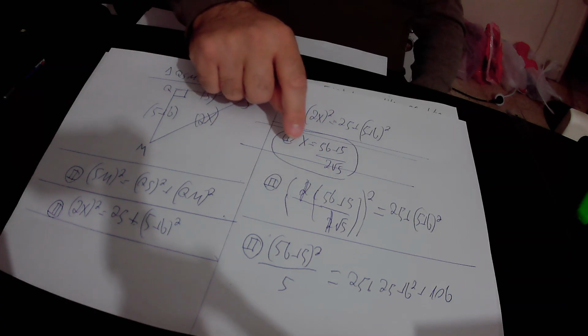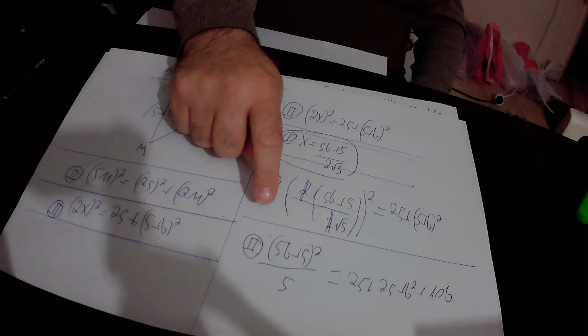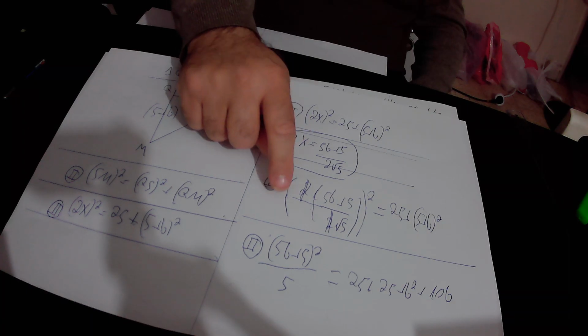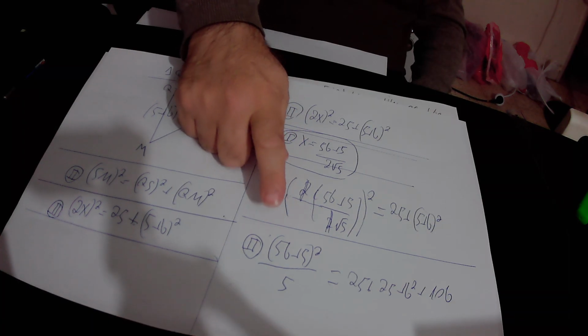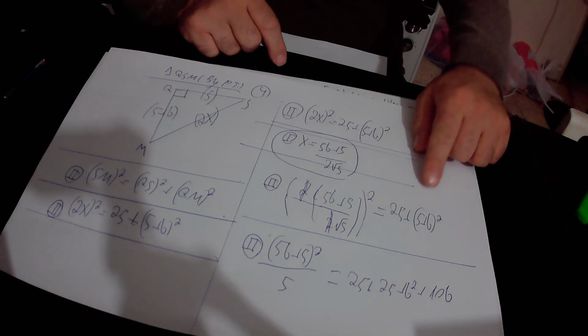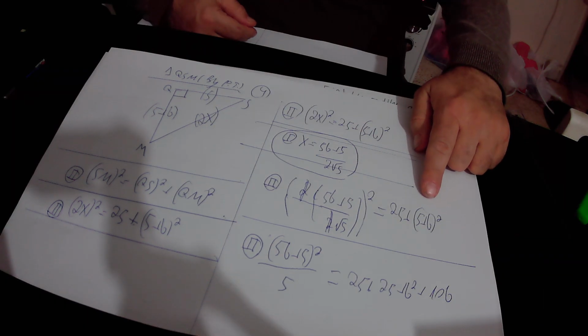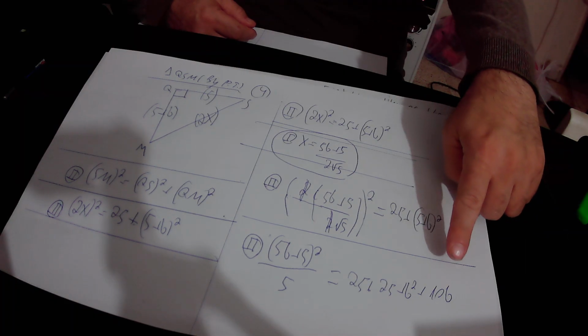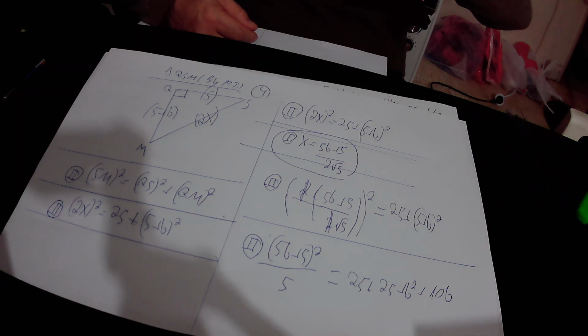So in total, on this side of the equation we have (5b plus 5) squared over 5, that equals 25 plus (5 plus b) squared. (5 plus b) squared equals 5 squared, that is 25, plus b squared, plus 2 times 5b, that is 10b.